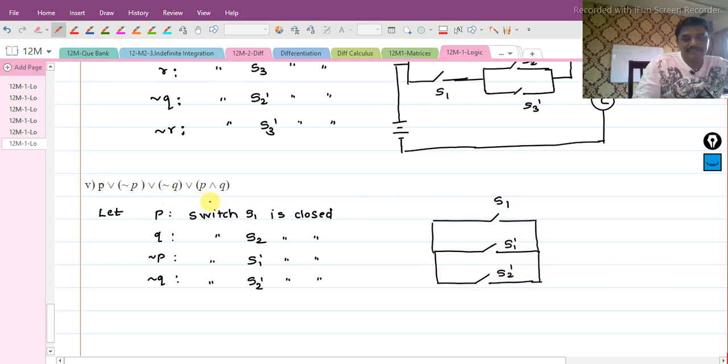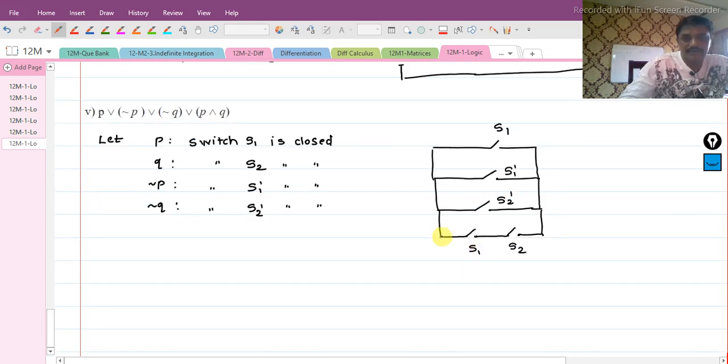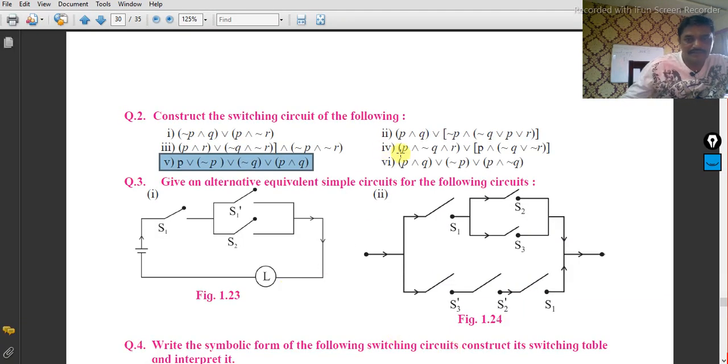And this is in further parallel P and Q. This is S1 and S2. और ये सब लगा दिया है वहां पर. I can put it like this. That's it. This is okay. This is the circuit diagram. अगले क्वेश्चन की तरफ बढ़ते हैं. The next one.